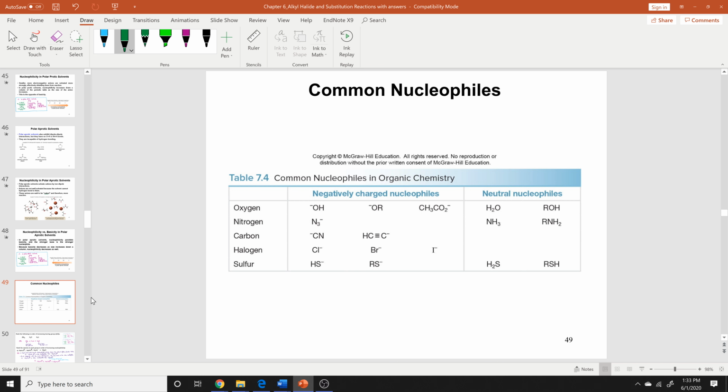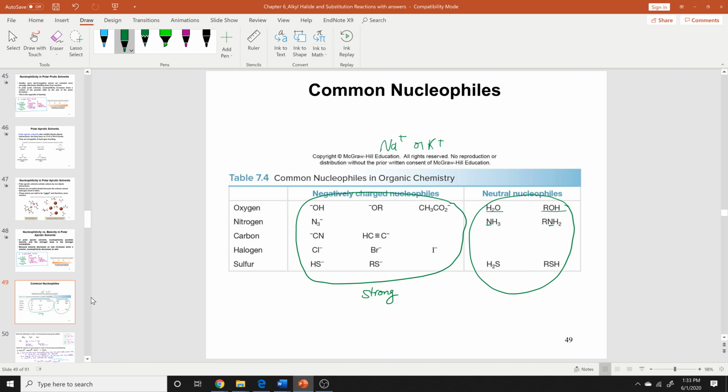Nucleophiles can be divided into negative nucleophiles, which are strong nucleophiles, and as I said, these should have positive counter ions that balance them, any positive metal. And then we have neutral nucleophiles, which can be water, alcohols, derivatives of nitrogen, hydrogen sulfide, and alkyl thiols. This is an RSH. SH is the functional group for a thiol.